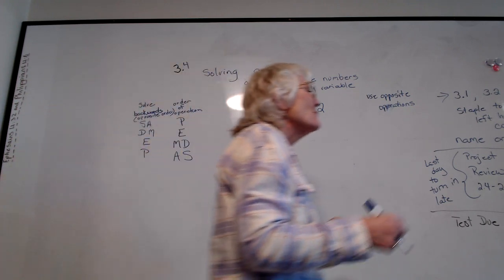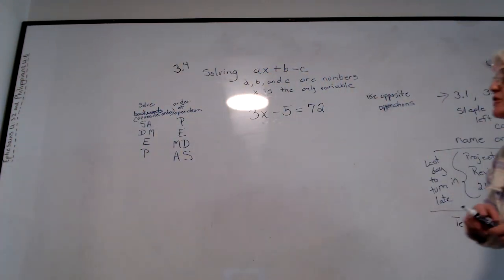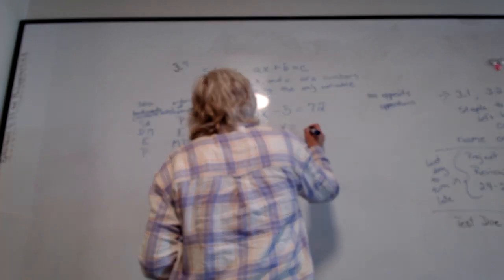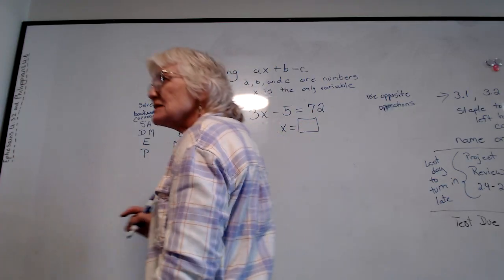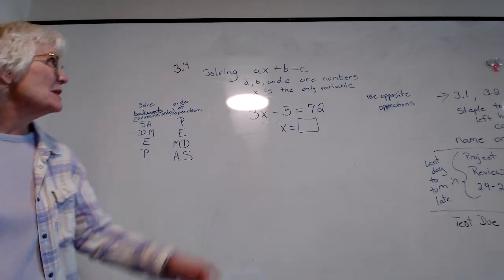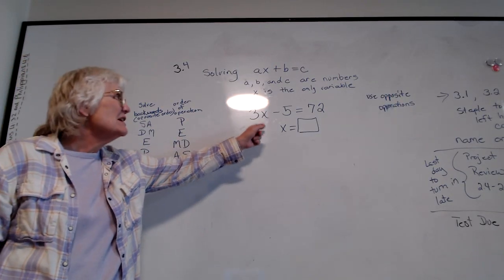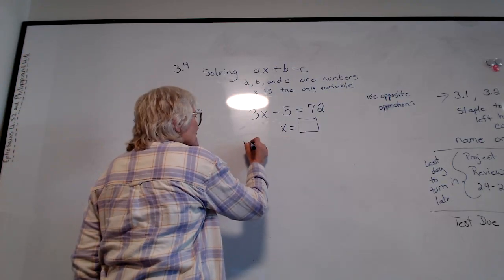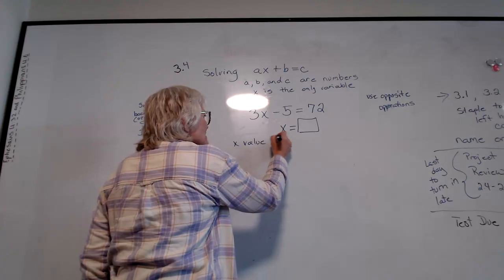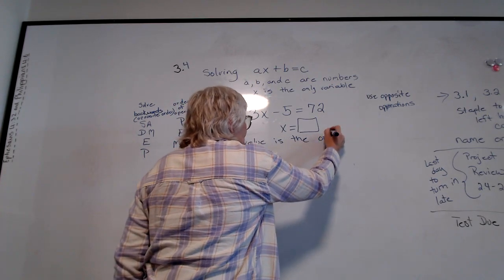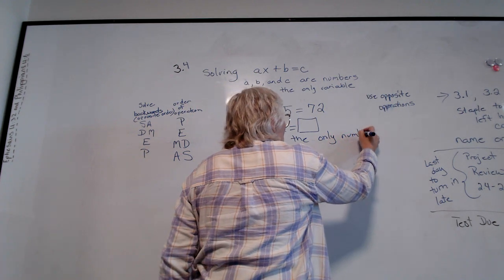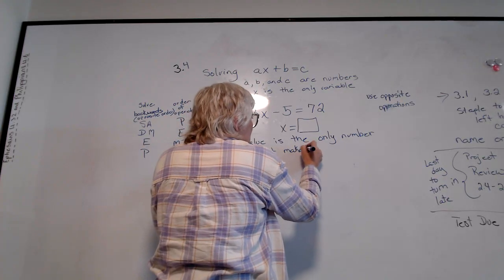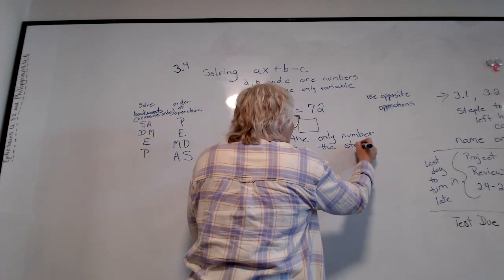So when we're doing that, we want to get down to an equivalent expression of x equals. What x equals is the only number that I can put in there to make this equation true. So we're getting down to x equals, that's our goal. But this value that we get, the x value, is the only number that makes the statement true.